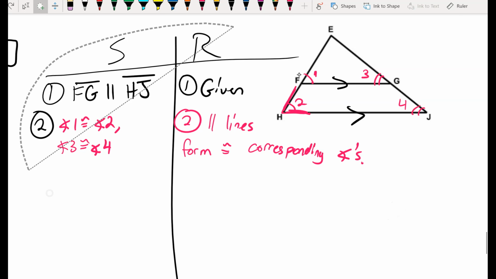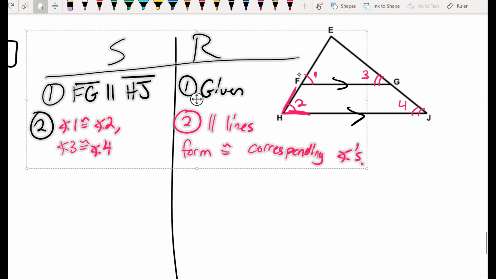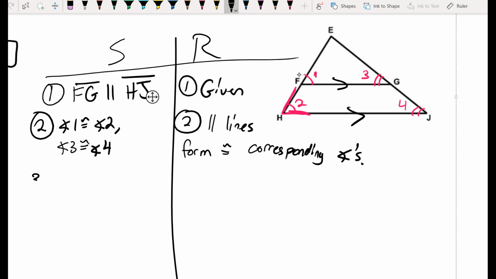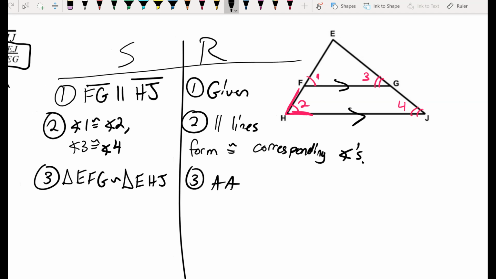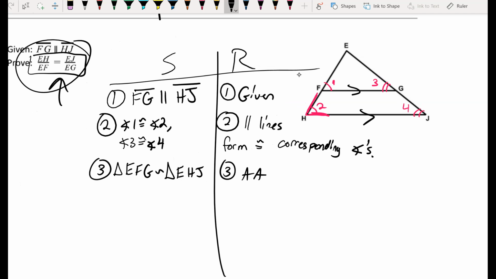So if you notice, we've already proven two pairs of angles are congruent here. So that's enough to say that my top triangle EFG is similar to triangle EHJ by angle, and they just asked me to prove that proportion right there.